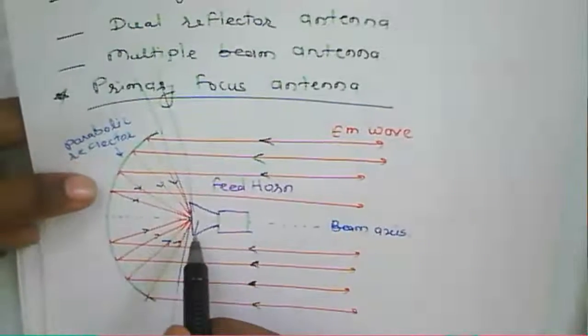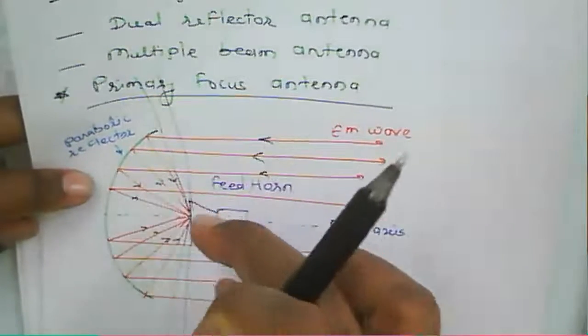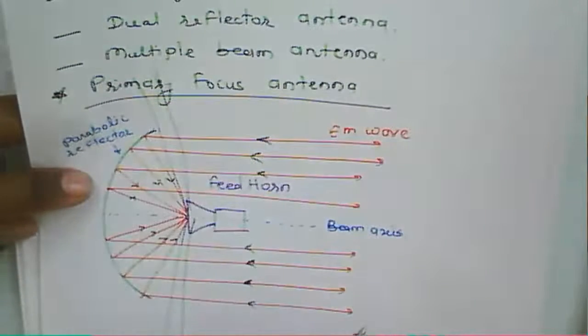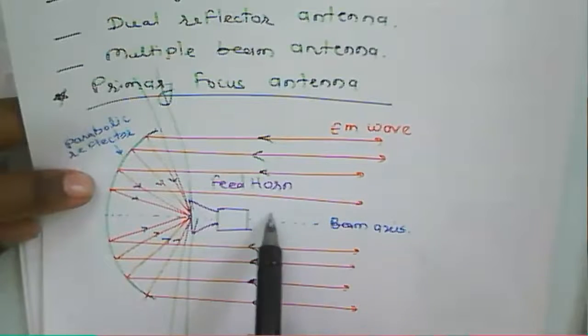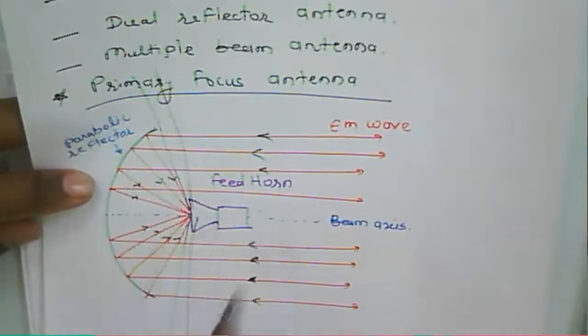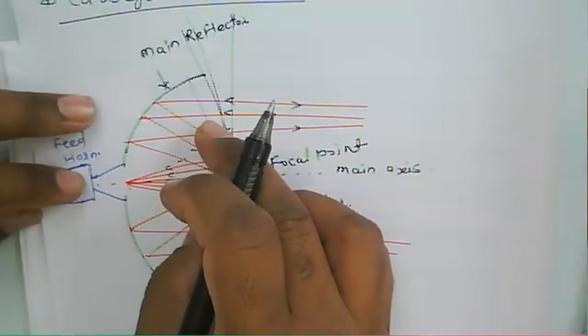Another case is that this structure acts as a blockage for the incoming rays as well as for the transmitting rays. Because the horn antenna is placed here, whichever incoming rays come from this particular side will be blocked by this horn antenna. So that's why it is called blockage.